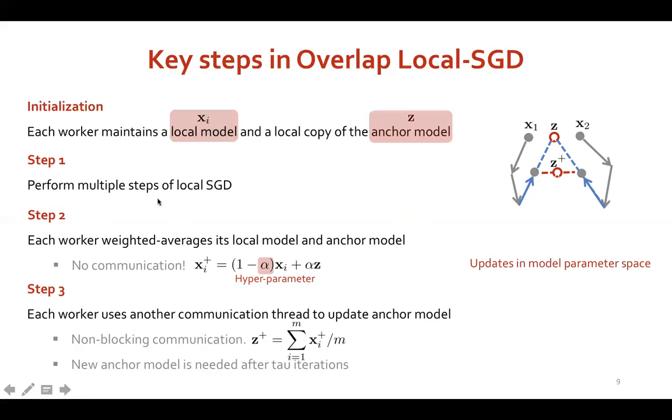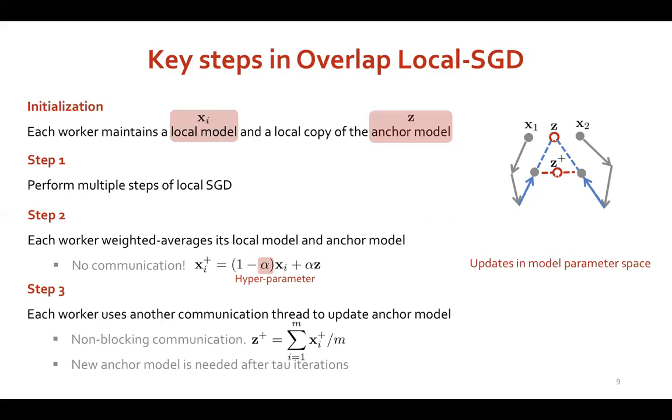After doing these local steps and then averaging with the anchor model, they proceed with the next set of tau local updates without waiting for this communication to happen. And the communication goes on in a parallel thread, and it just simply averages these updated models in order to update the anchor, which is stored at different workers.